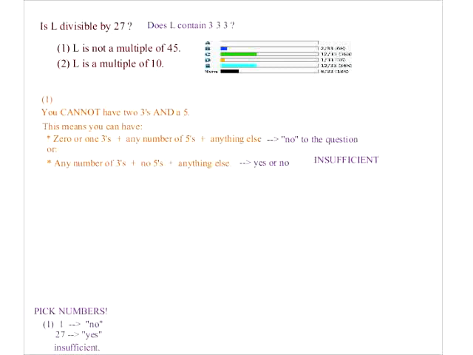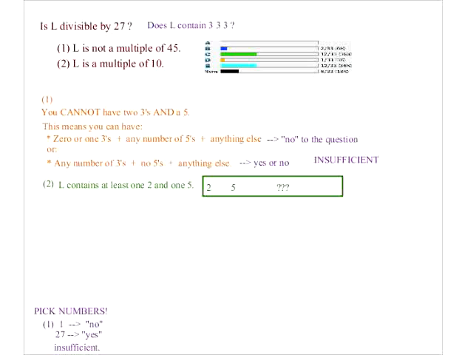Okay, let's look at statement 2. Statement 2 says that L contains at least a 2 and a 5. So if you want to draw a prime box for this, then this is 2, 5, and then question marks.